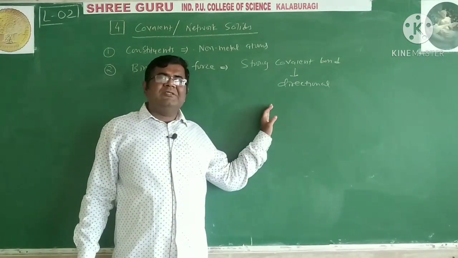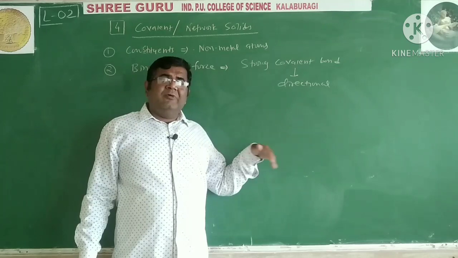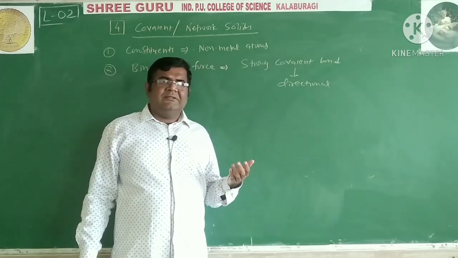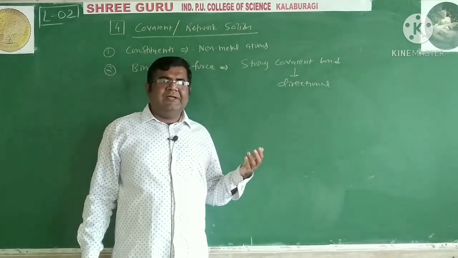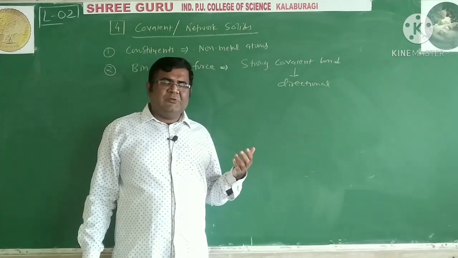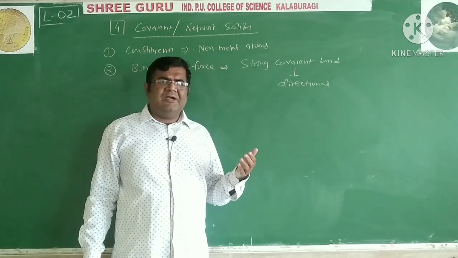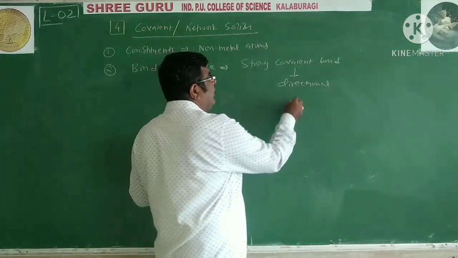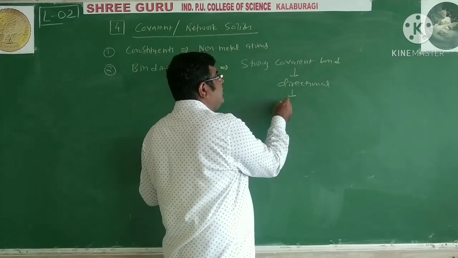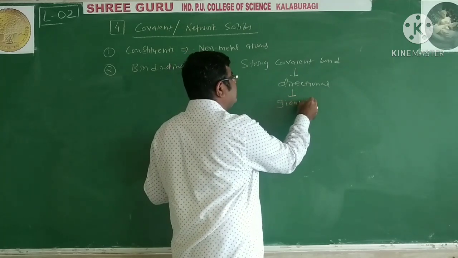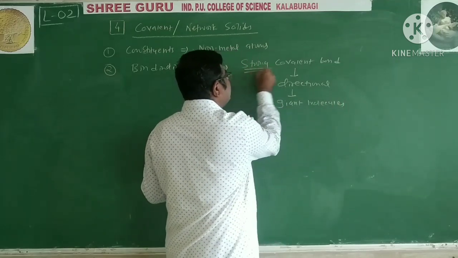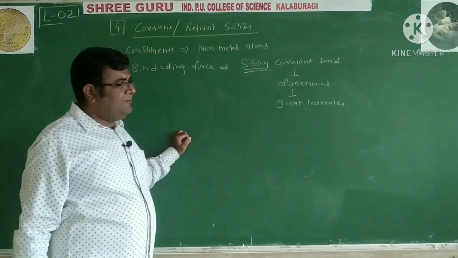But covalent bond is directional, that's why we get various shapes of covalent molecules: trigonal planar, tetrahedral, pentagonal. These shapes are all due to their directional character. And it exists as giant molecules because of these strong covalent bonds.